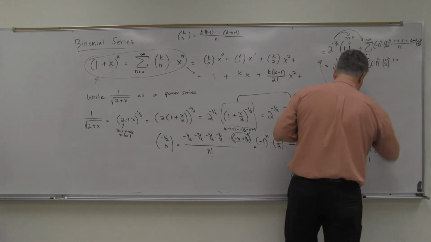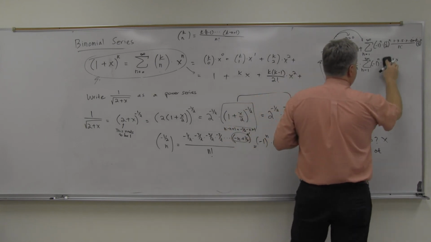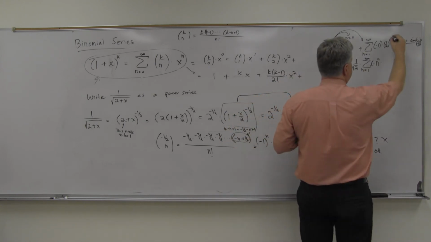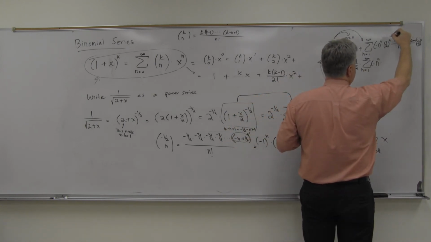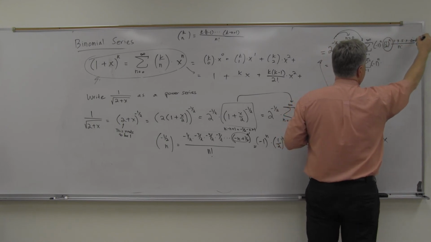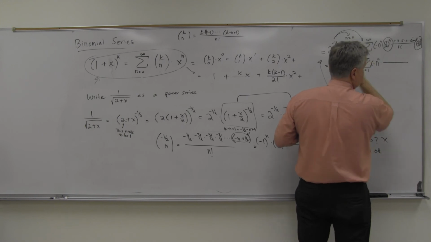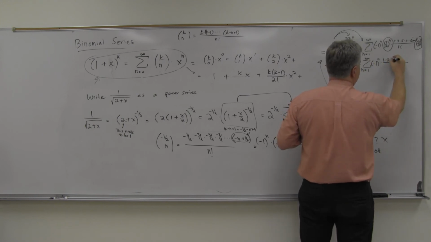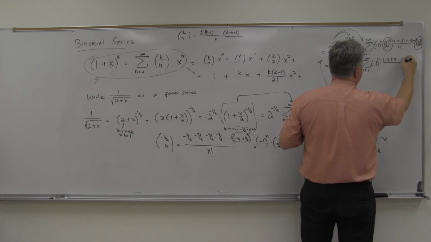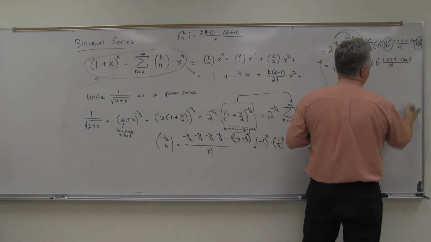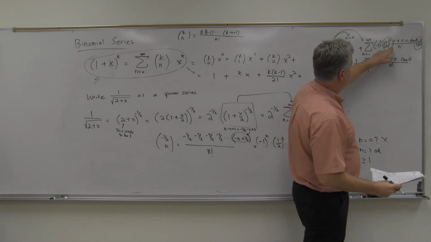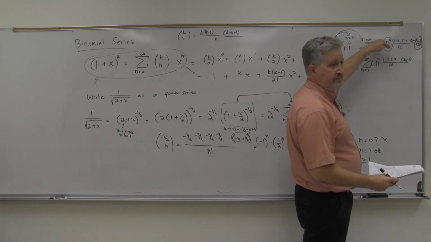Oh, I do see. Now one thing we can do over here with this and this term, let's do this. That's 1/2 to the n, or 1 over 2 to the n.